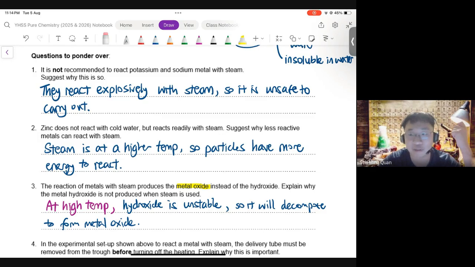But those exceptions are few and far between. So it's not just a hydroxide. If let's say you had a carbonate such as calcium carbonate, it will also decompose to form calcium oxide and carbon dioxide gas when heated up. Okay, so the metal oxide is always what is formed at the end of decomposition, most of the time.